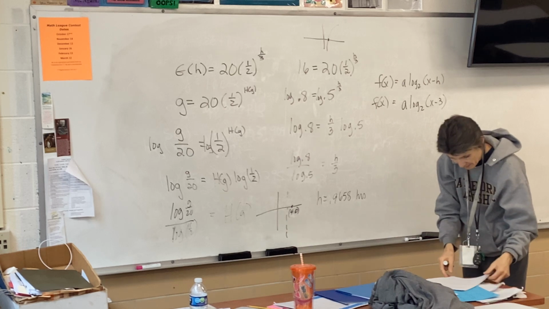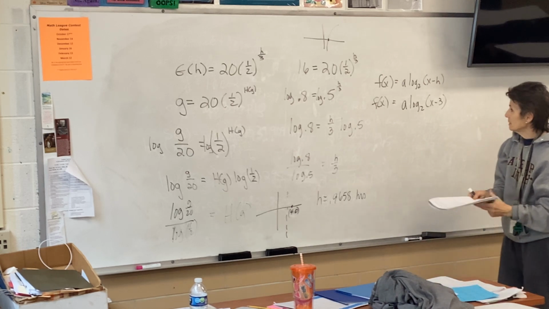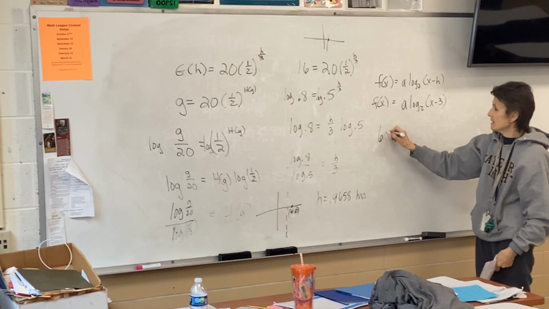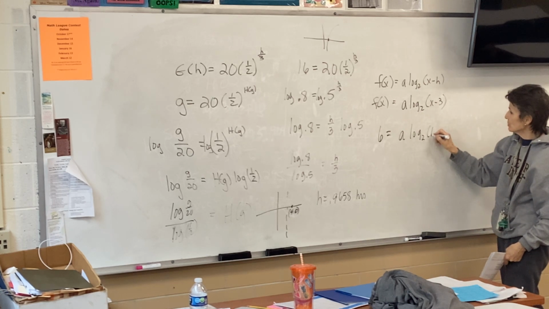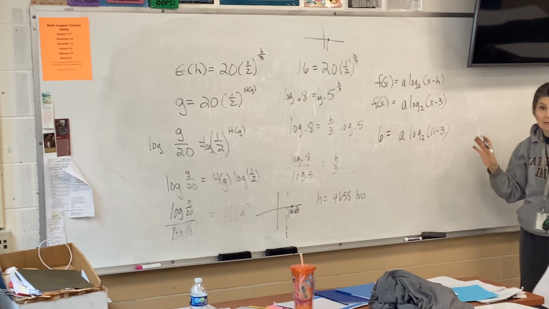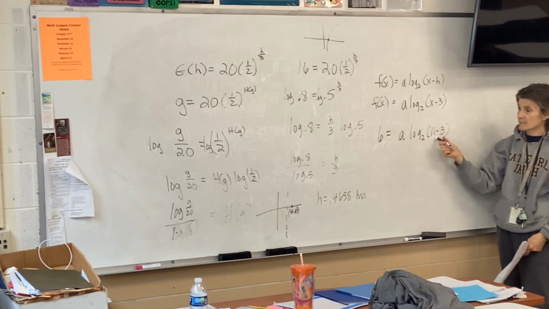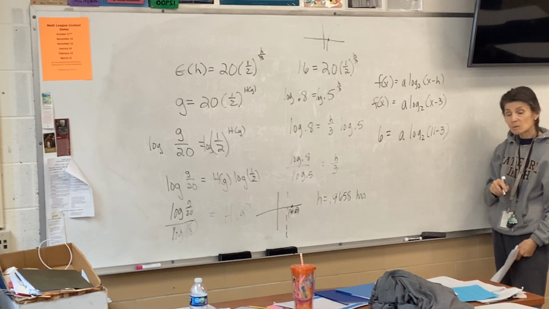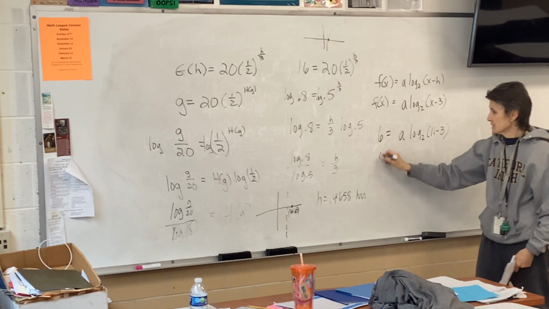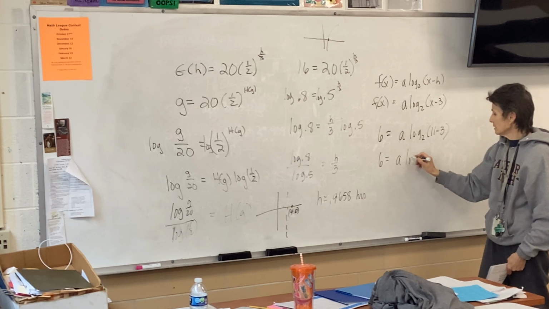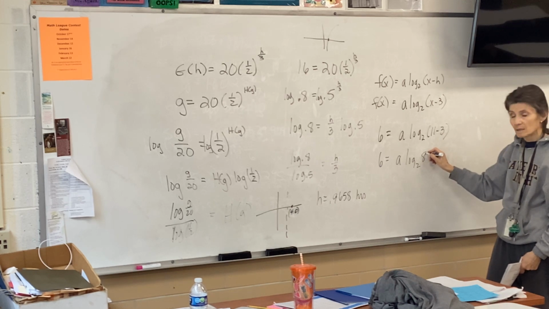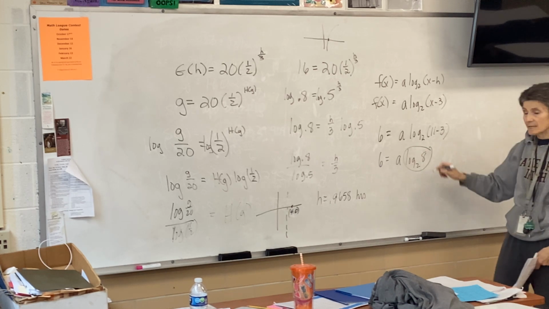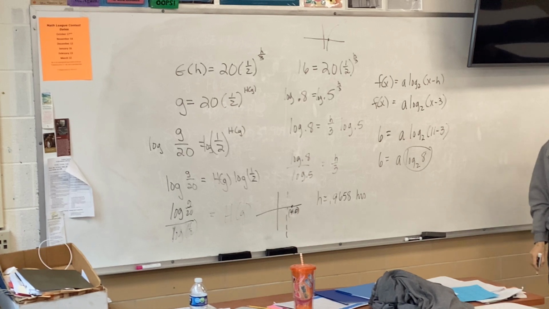All right, what's next? Passes through the point (11, 6). So 6 equals A log base 2 of (11 minus 3). I'm just plugging in my point. X is 11, Y is 6. So 6 equals A log base 2 of 8. Wait a minute, guys. That's not some random generic thing.